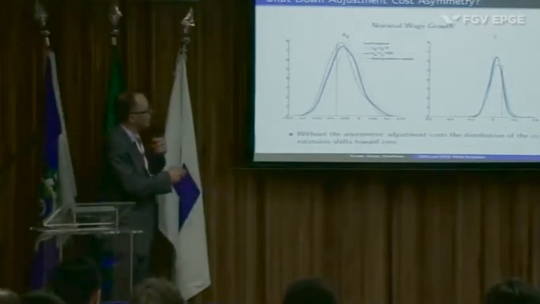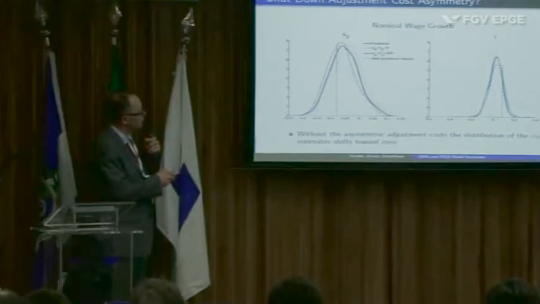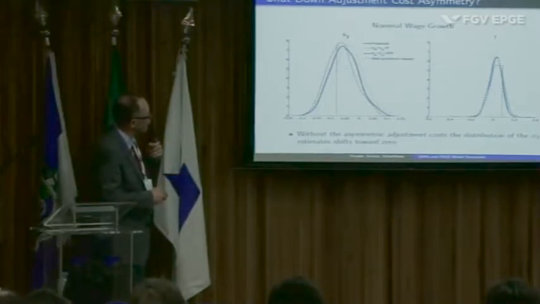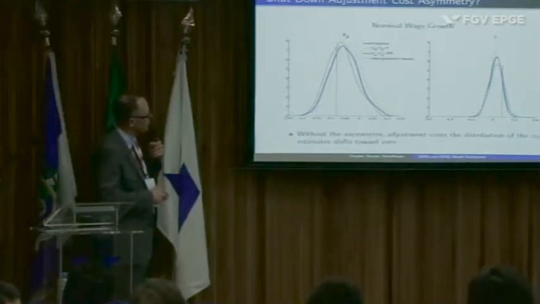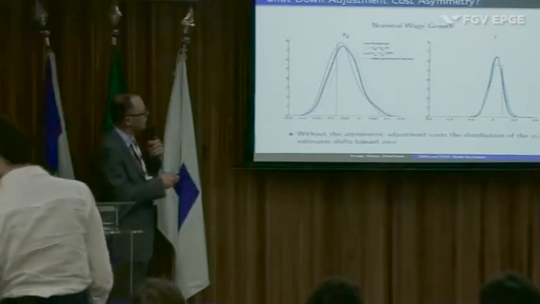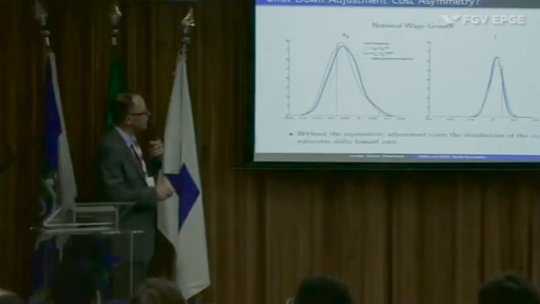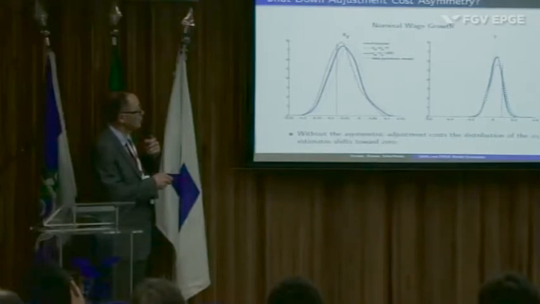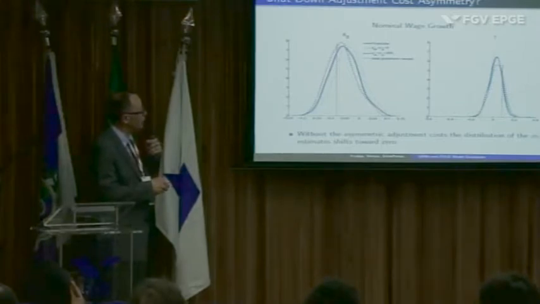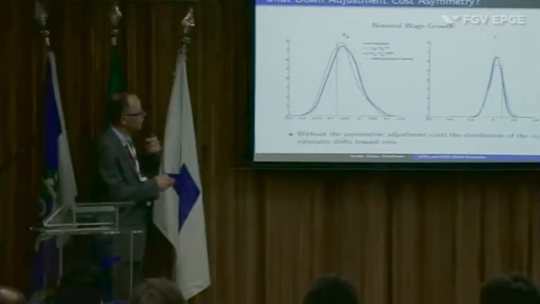And you can see, if you look at phi 2, for example, if you shut down these asymmetries, this predictive density basically shifts to the right, closer to 0. It's not centered at 0, so even without these asymmetric adjustment costs, there seems to be a little bit of asymmetry being generated with a second order perturbation method, but not as much as if you have these parameters.